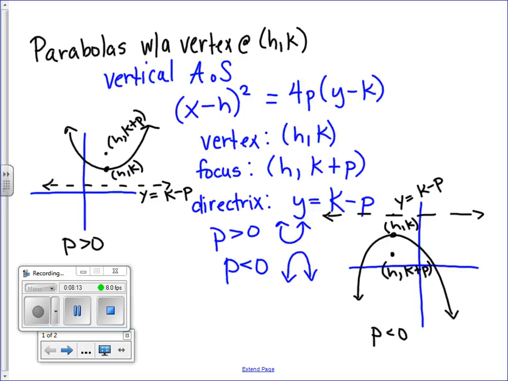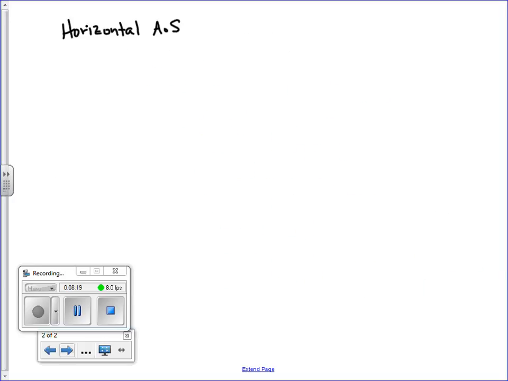Still, we have a vertex at (h, k). That's not going to change, okay? That will not change. What will change is what's being squared.